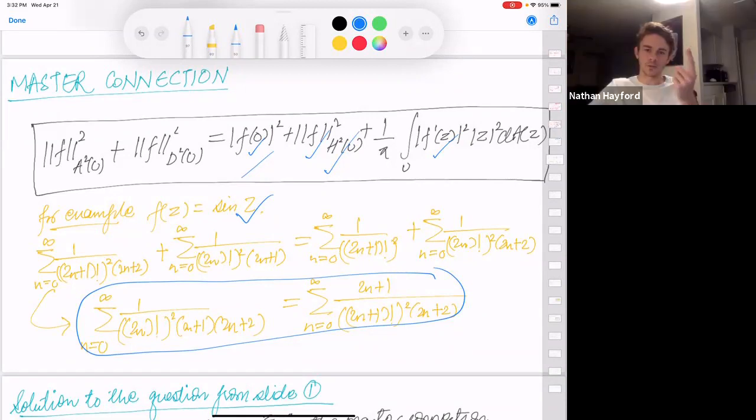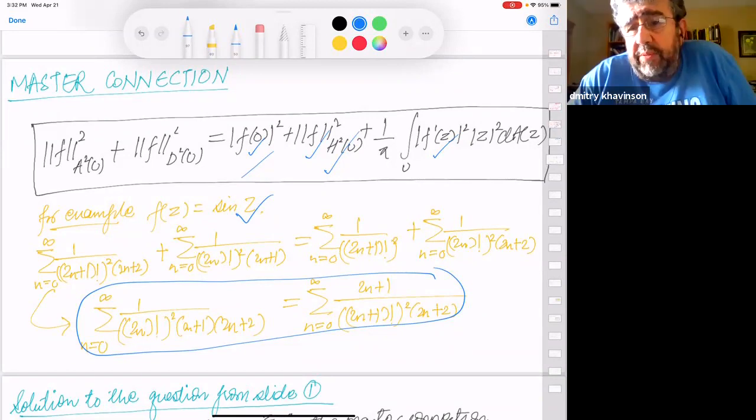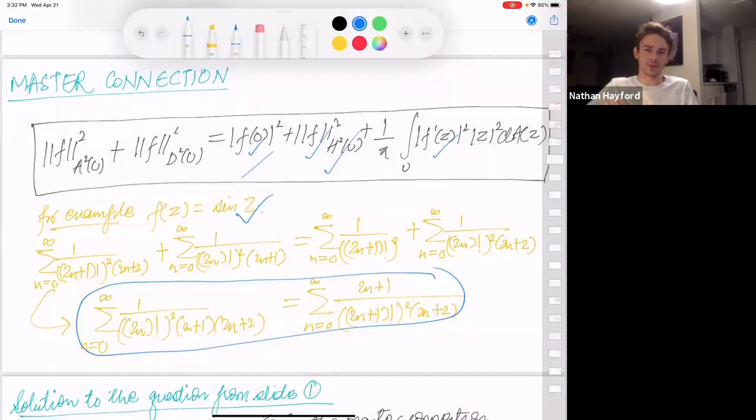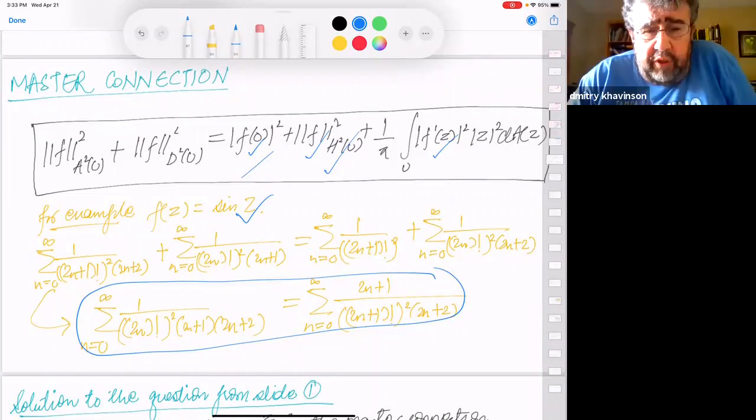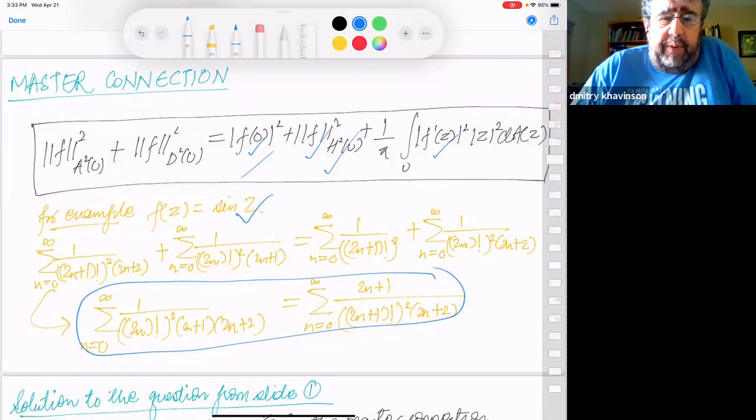Well, suppose it's in the Dirichlet space. Then it's already in all three of them. Dirichlet is the smallest, so you have to take something that's in one but not the other two, maybe in the Hardy space. If you take a function in Hardy space, the Bergman space norm is going to be finite.